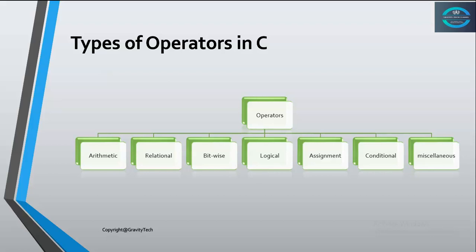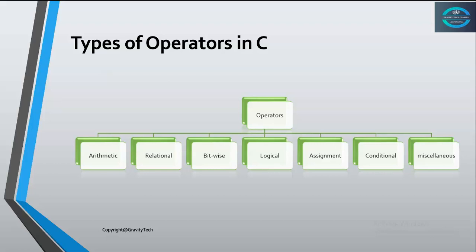So what are the types? Arithmetic, the plus, minus, multiplication and all, right? And then relational, comparison of two values, bitwise, operation on the two operands, logical, A and B, A or B. The logical operators are AND, OR, NOR, XOR.